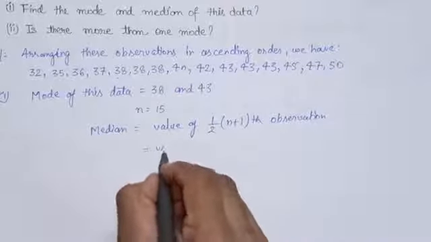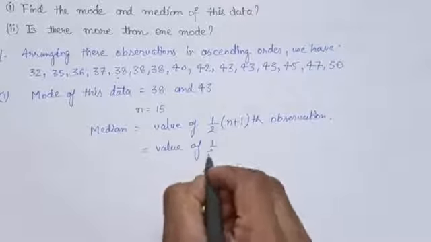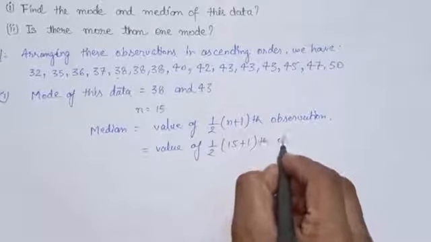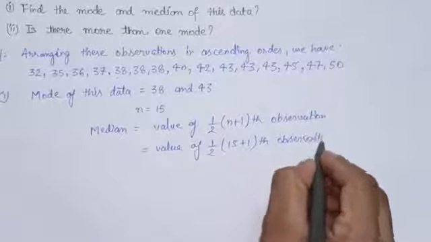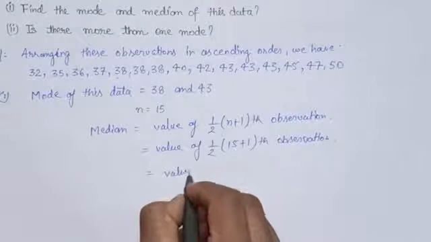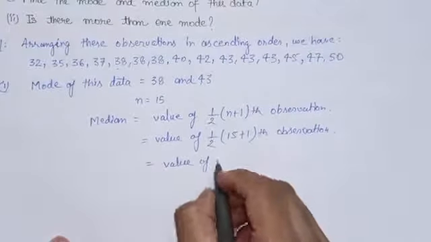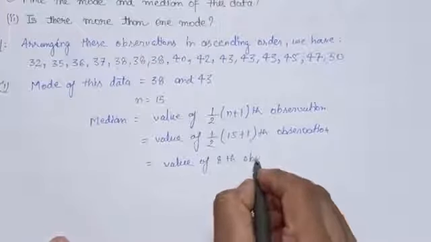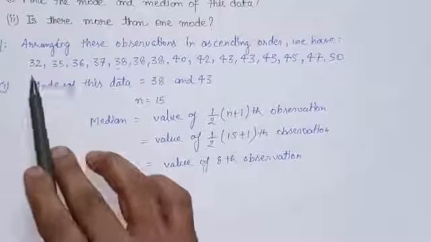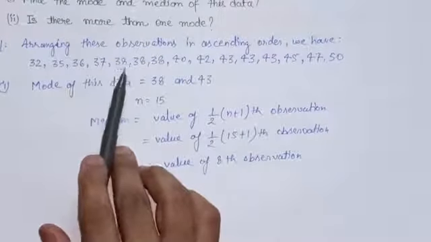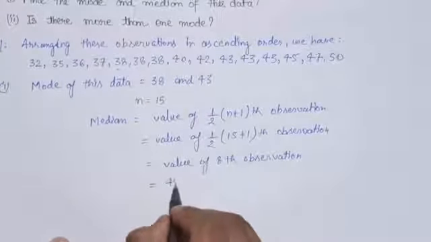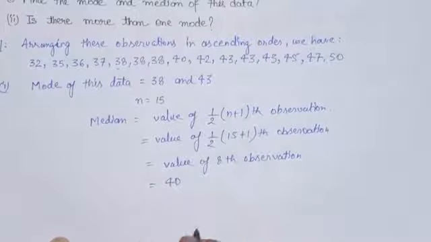That is, in place of n we write 15 plus 1, 16 by 2 is 8, the value of the 8th observation. So let us see the value of the 8th observation: 1, 2, 3, 4, 5, 6, 7 and 8. That is 40. So the median of this data is 40.